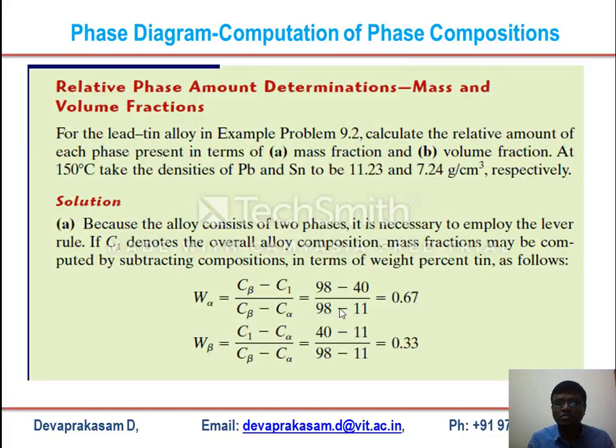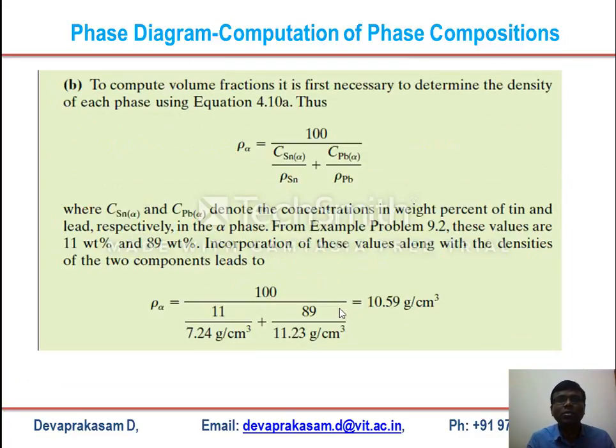How do you estimate the volume of that? It's a very simple formula. You look at the density of the phase at that point B, rho alpha. It is a composition of the alpha plus beta phases.